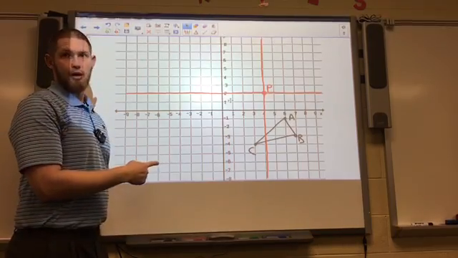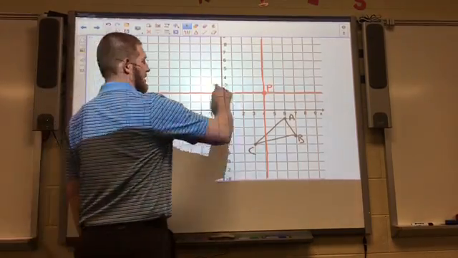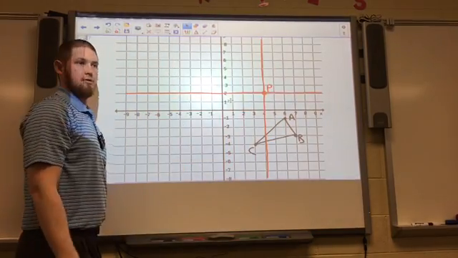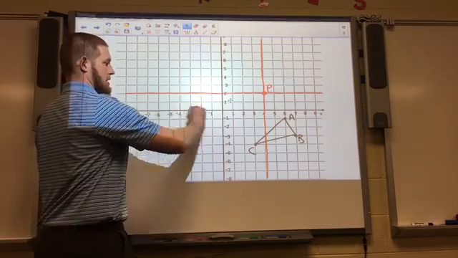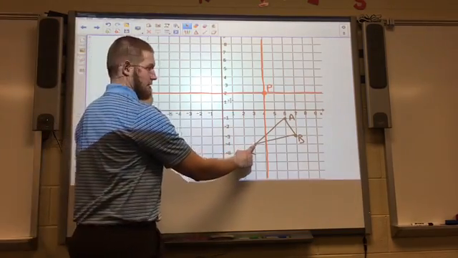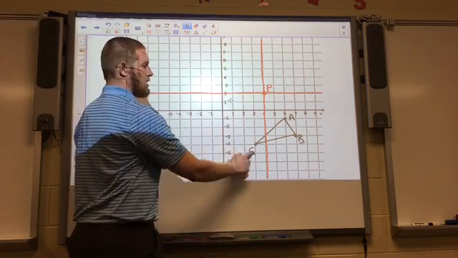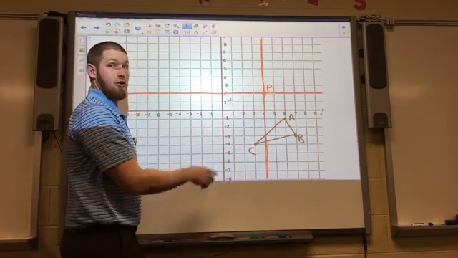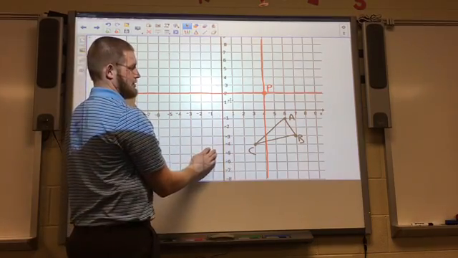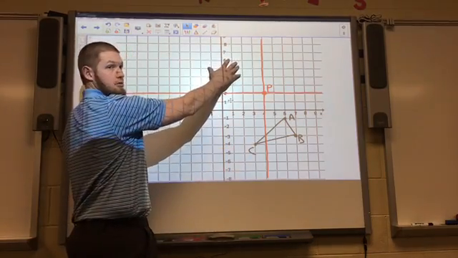Now my same rules apply, because now I just have an XY axis with a figure and I'm rotating it 90 degrees. Still forgetting about this black XY axis. So point C here is in quadrant 3, right, of our new axis. So it should end up here in quadrant 2.